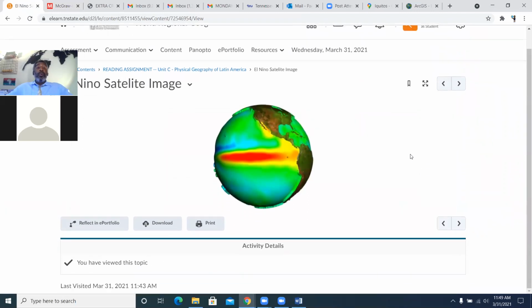So now with satellites, we can note the onset of El Nino, and climatologists can warn governments and the world that El Nino is starting. We can see it beginning on our satellites.